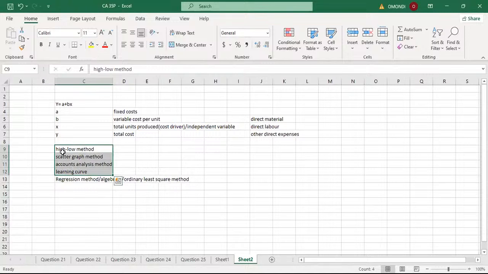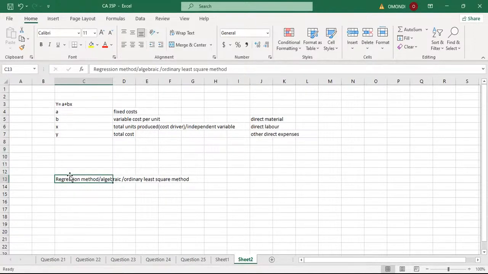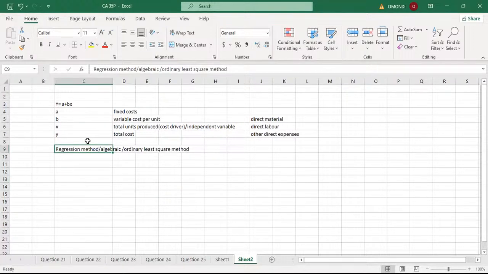These are the methods which you covered when you were doing your CPA or management accounting. And now that you're going to do data analytics, it deals with data analysis. How are you able to convert that data to come up with a production function using regression method? So I have explained what all these letters represent.